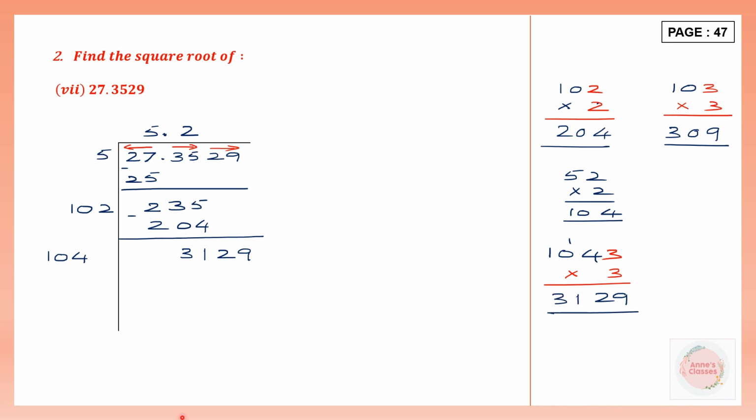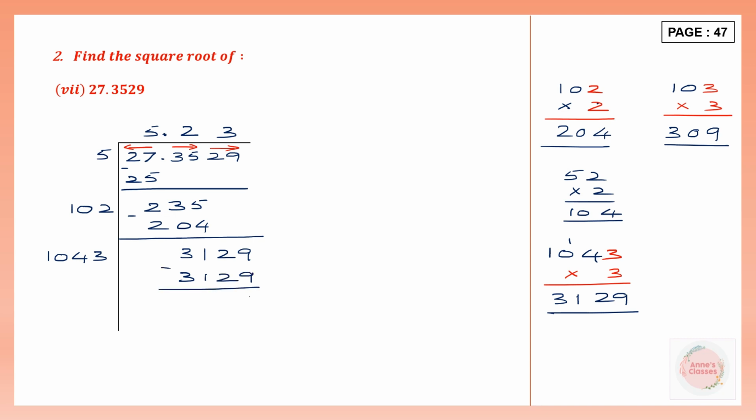So here can you see we've got 3129, which is the same as this. How did we get it? When we multiplied, when we put 104 next to it, we put 3 and multiplied it by 3. So the number that should come next to this is 3. So let's write that 3. So 1043 into 3 is 3129.